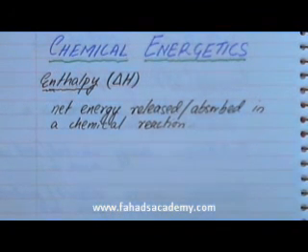In most chemical reactions, energy is either given out or taken in. So the net amount of energy that is released or absorbed in a chemical reaction is called the enthalpy of that reaction.